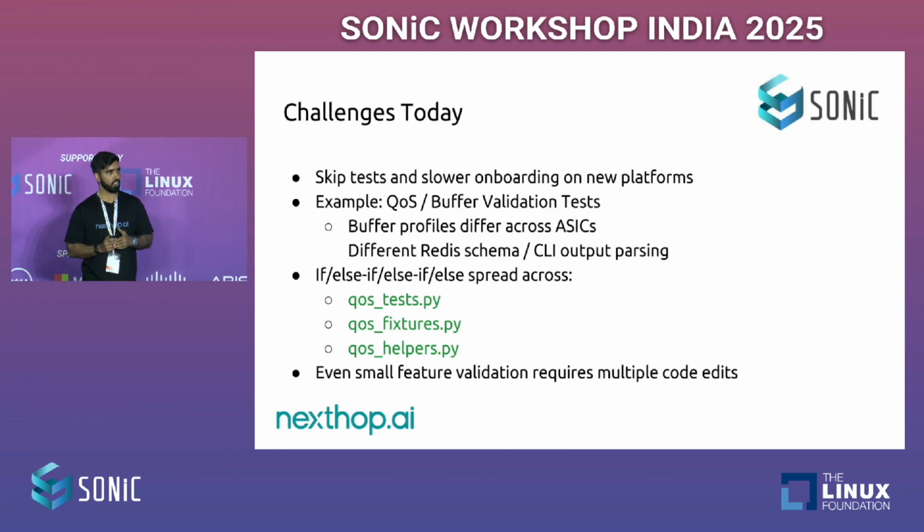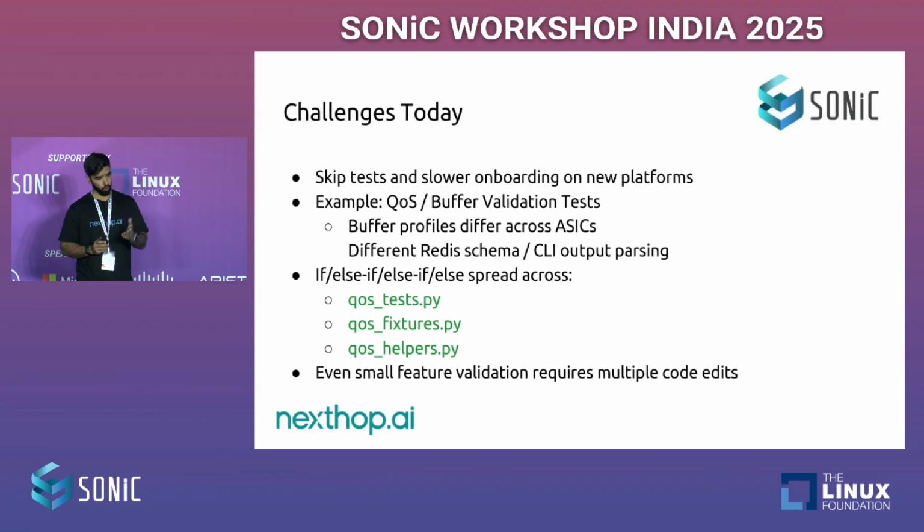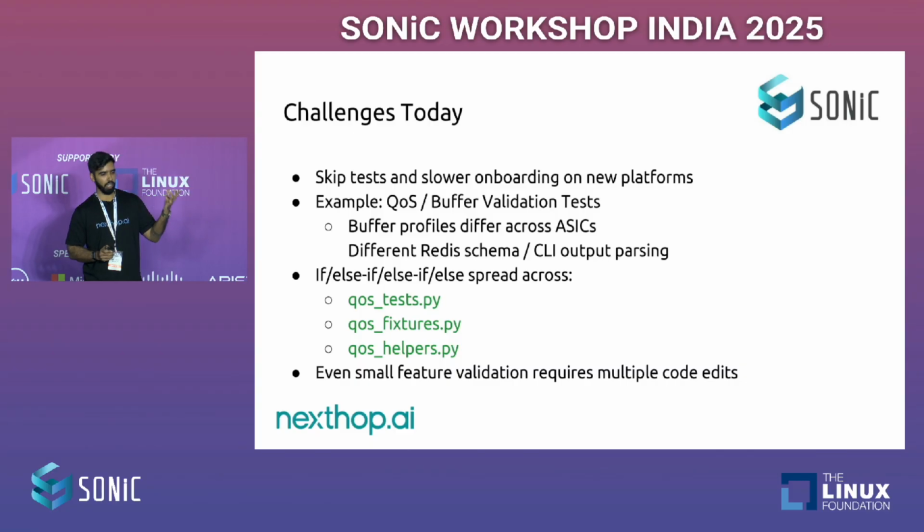So, skipped tests. When we brought up our platform, out of 150 tests, only 30% were running properly, and the rest of them were getting skipped. I'm only covering QoS, buffer, and areas around PFC. For example, buffer profiles differ across ASICs, and we have a few tests in sonic management covering buffer schemas.